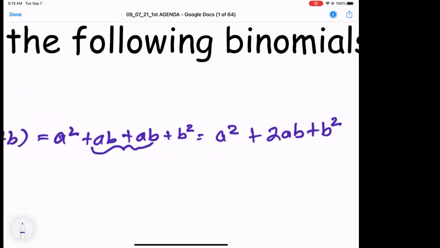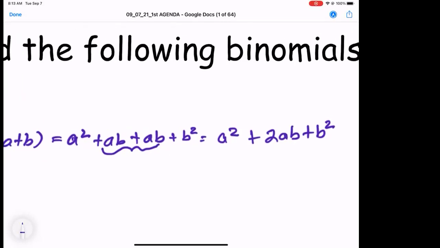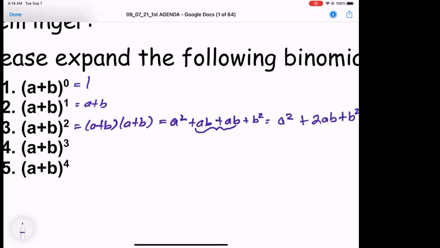Well, when we get over here to a plus b to the third power, this is simply a plus b squared times a plus b. Do you agree? Because when we multiply like bases, what do we do to the exponents?